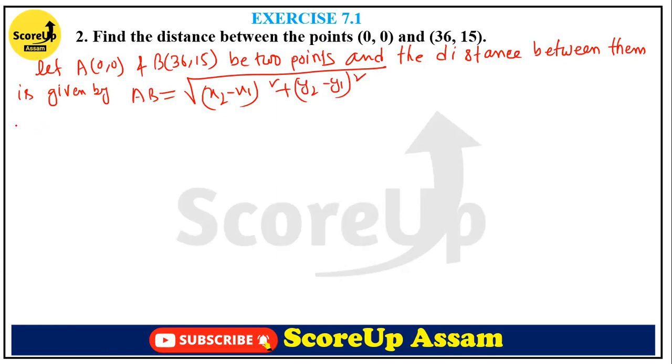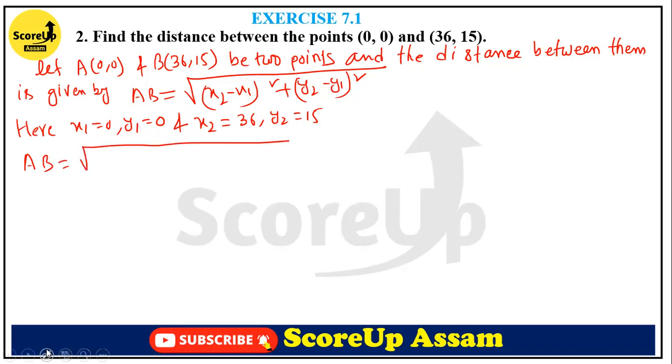So now, x1 is equal to 0, y1 is equal to 0, and x2 is equal to 36, y2 is equal to 15. We shall just put these values.